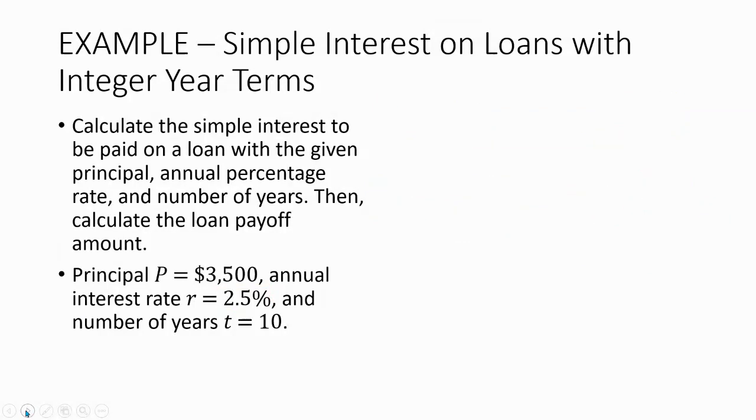Okay, we're going to do another example. Do this one a little bit faster. It is asking us to calculate the simple interest. Simple interest is I equals P times R times T. And then it is asking for the payoff amount.